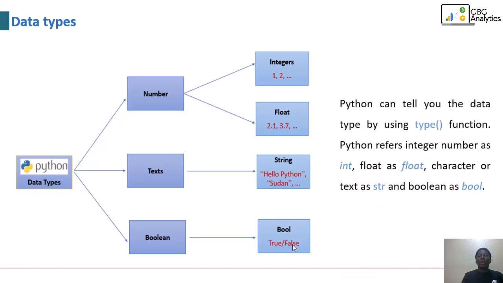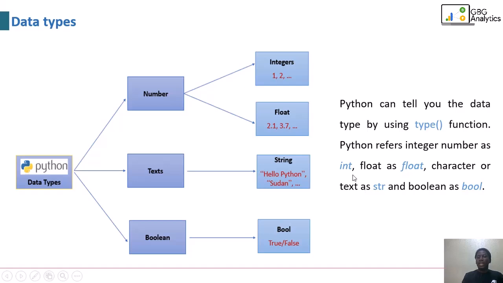You may want to know how to check for these data types in Python. Python makes use of a function called type. So this function type will identify any data type, be it an integer, a float, a string, or a bool.